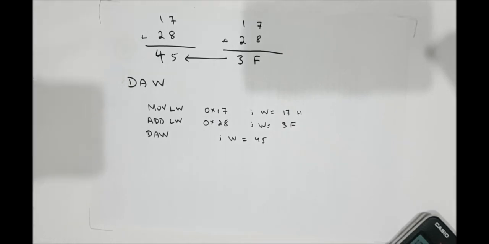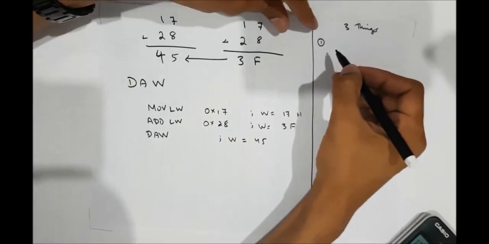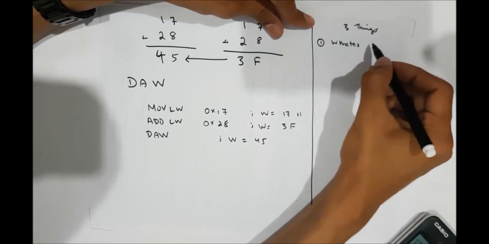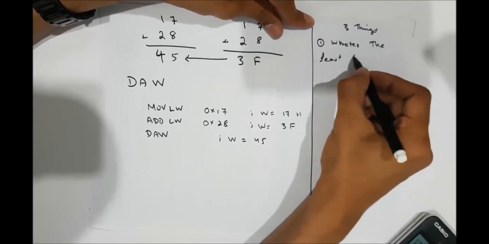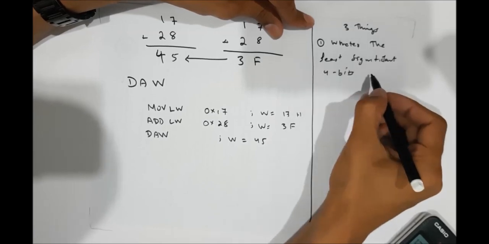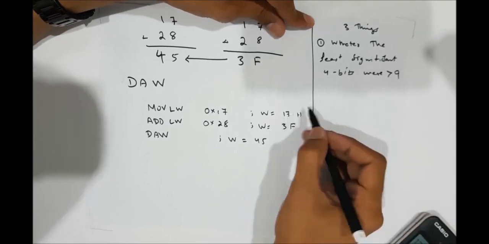It will check for three things. The first thing it will check is whether the least significant 4 bits were greater than 9.